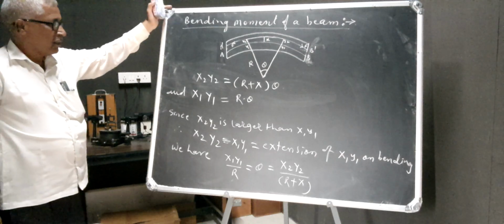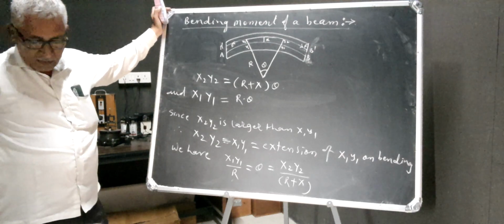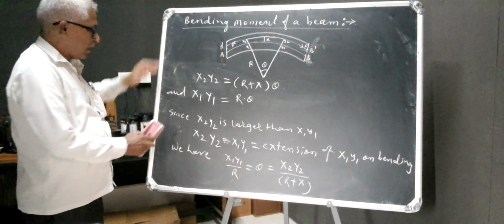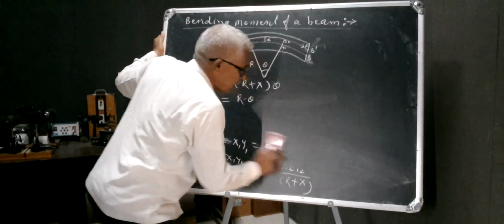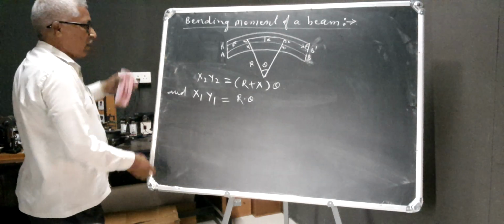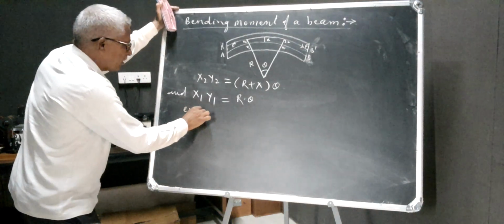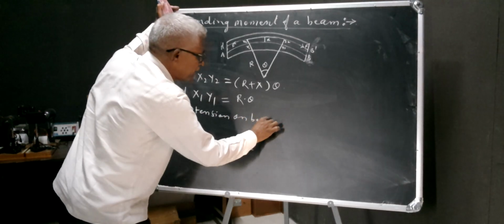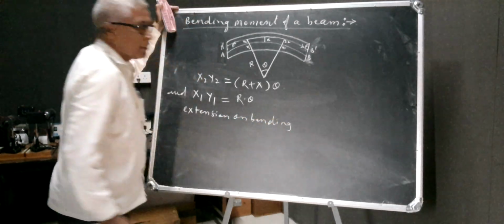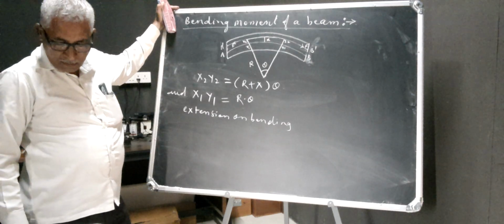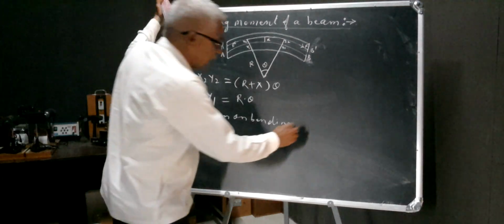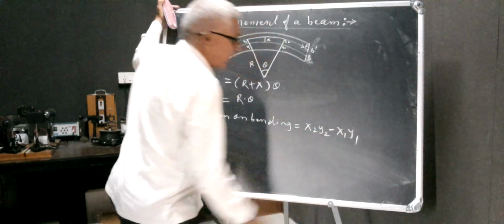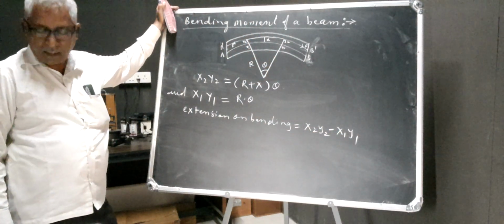Now we see that the extension in x1 y1 on bending, x2 y2 minus x1 y1, gives us the extension.